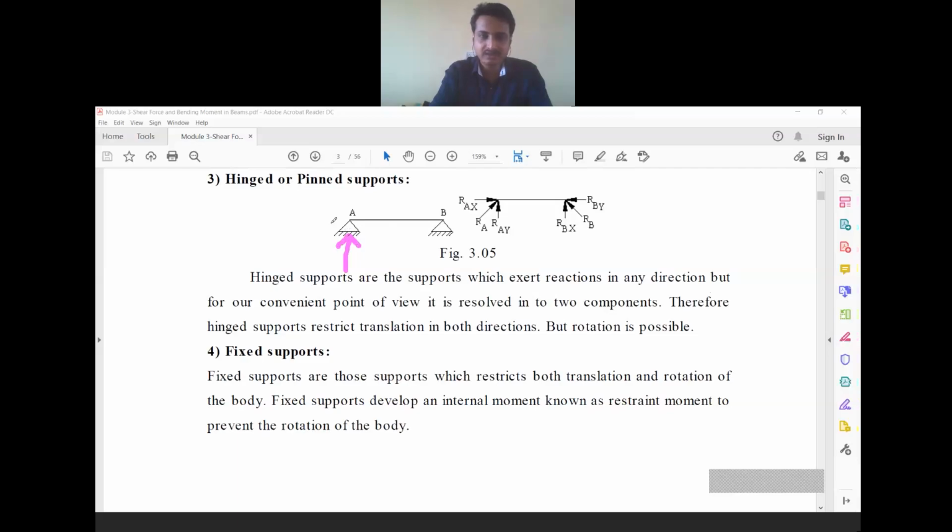Whenever we experience horizontal restriction, we will experience a horizontal reaction. So for a pin support, we will have one horizontal reaction and one vertical reaction. For any restriction, there will be some reaction. So this is about the pin supports.